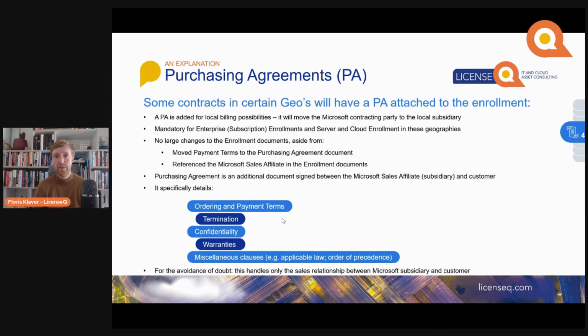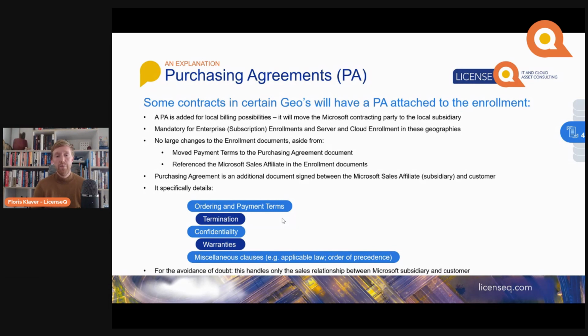In the past, Microsoft had 3 main operating centers that they used to invoice from: the AOC region, which is the America Operations Center, the Ireland Operations Center, which is for EMEA, and the Pacific Operations Center for Asia and Asia Pacific.